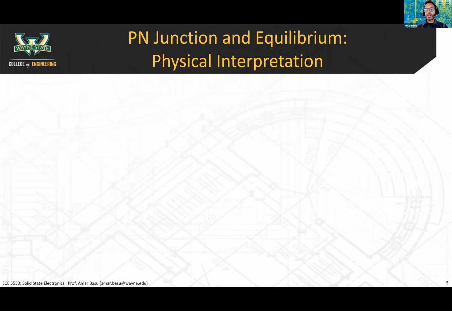This is a good exercise to do because it's related to the things that we have talked about in our previous modules.